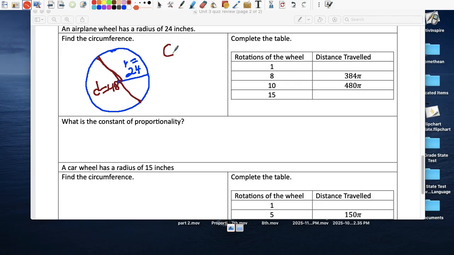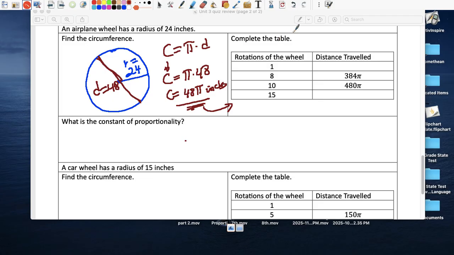So now I can use this formula. Circumference is what I'm trying to find, so leave it alone. Pi times the diameter, which is 48. So what's the circumference of this circle? 48 pi inches.